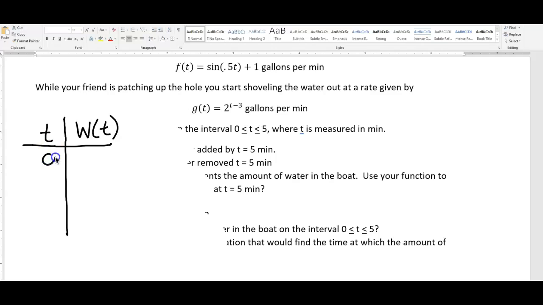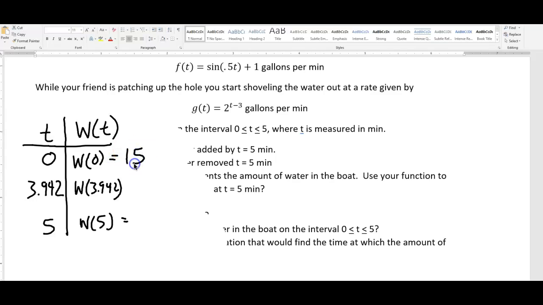We're going to do the beginning time, the ending time, and that critical value time, and we're going to see which one gives the greatest value. Now, we already know what this first one is.